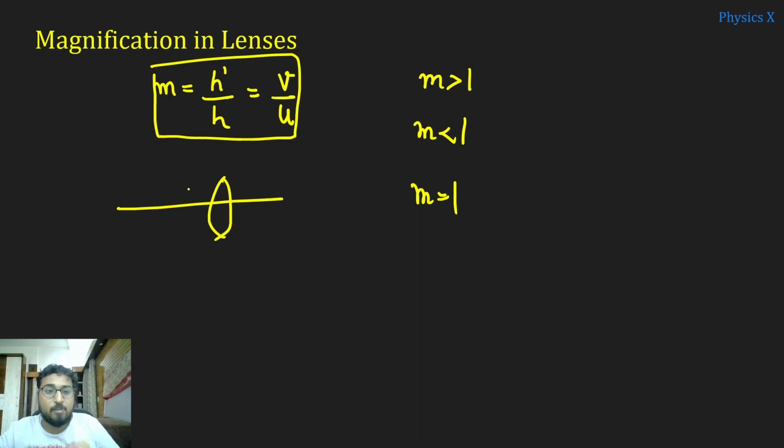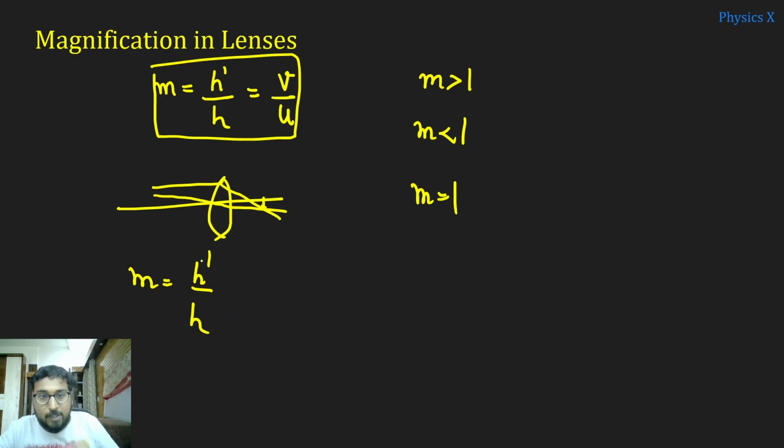This is your convex lens, and the image is formed like this, somewhere here. So this is your image point here. So you can see that m is equal to h dash by h.